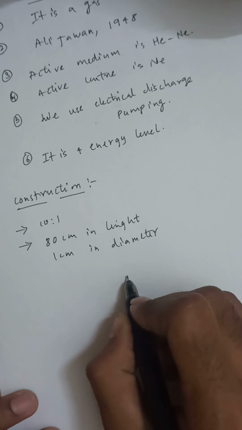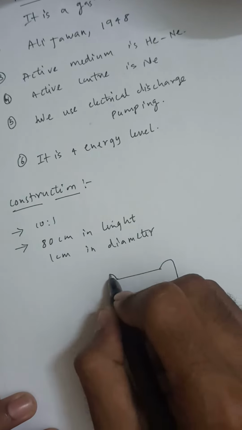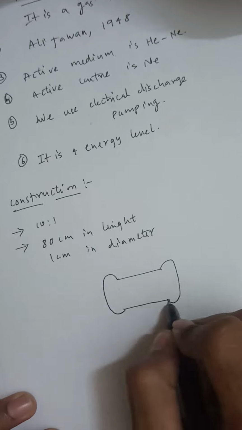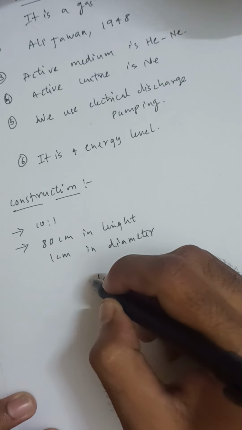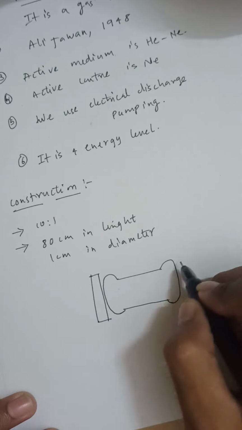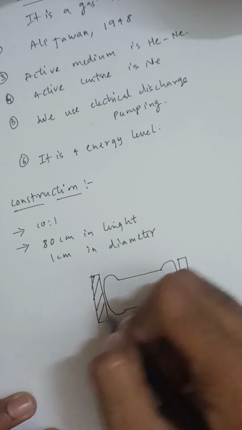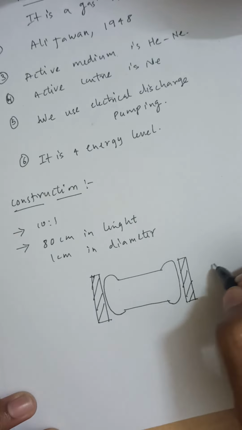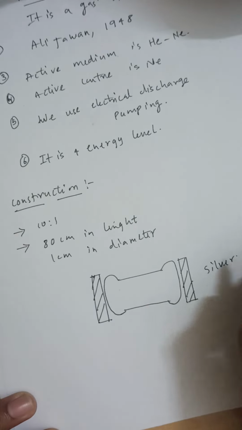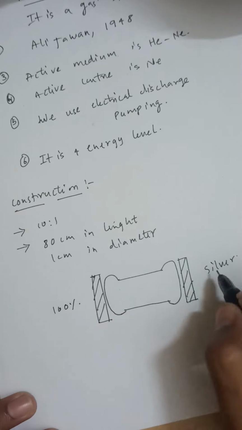Let us consider a glass tube and two reflectors which are coated with silver, of which one is 100% perfectly coated and one is partially coated.